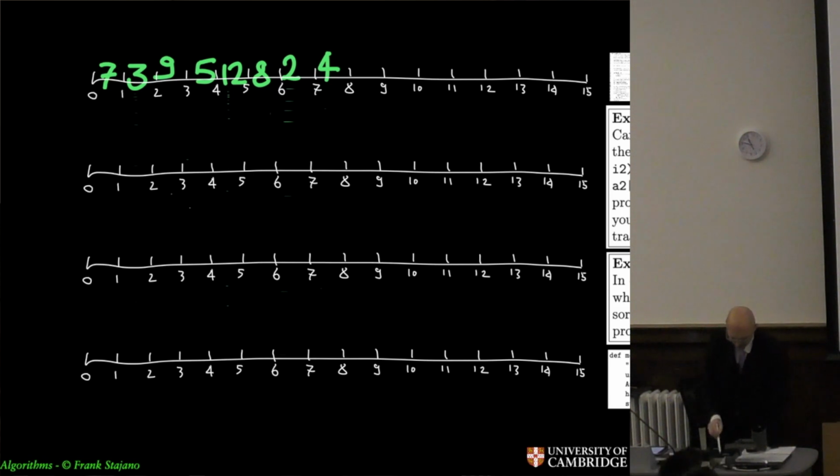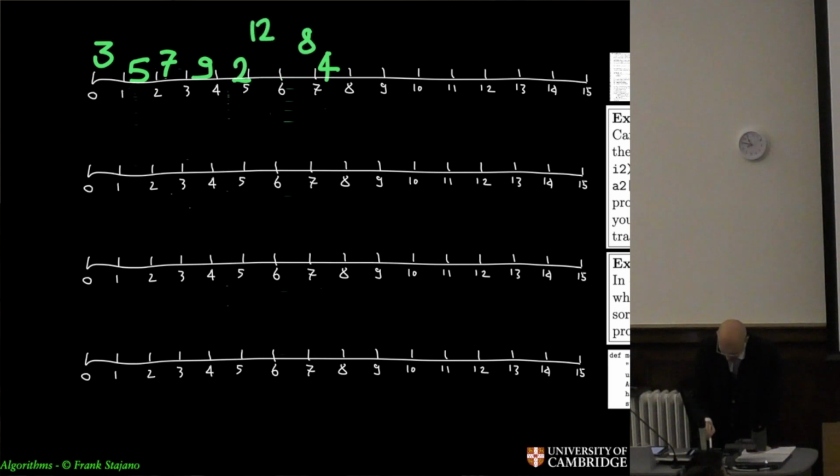So if merge sort has sorted this in place, then it will look like this: 3, 5, 7, 9. And this one merge sorted in place will be like this. All right, now you show me how you're going to merge these things.